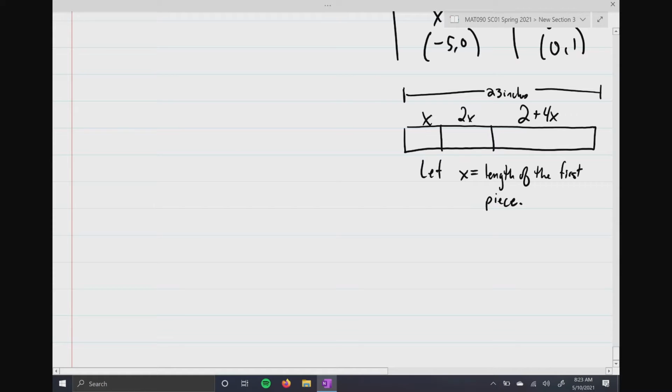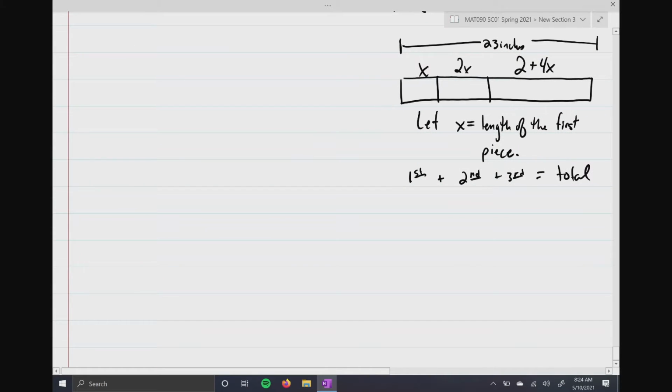Which means, if I write this out so you can see it, the first piece plus the second plus the third, they all have to equal the total. So all you have to do is add up all these pieces. X plus 2x plus 2 plus 4x equals 23.